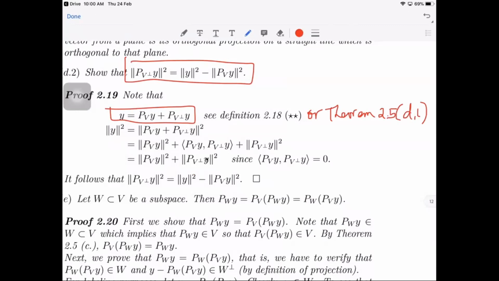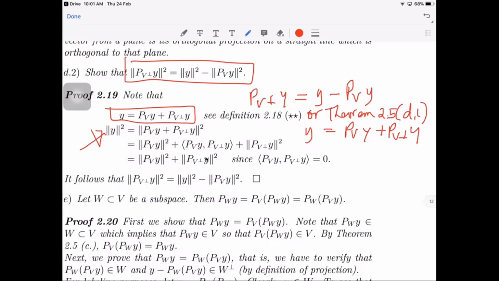So that is, we have shown there that the projection of y onto v perp is equal to y minus the projection of y onto v. Okay? So that, rearranging the terms, you have y equal to the projection of y onto v plus the projection of y onto v perp. And then you get the square norm of both sides.